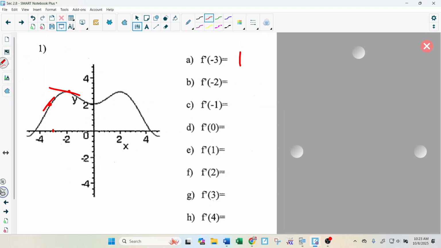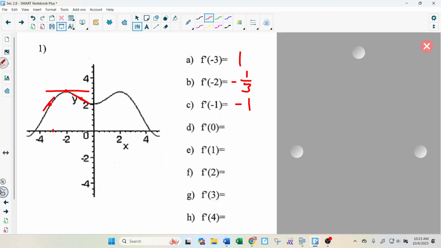Negative, but pretty small, maybe negative a third, negative a half, negative a fourth, somewhere in there. And you can kind of see if it was right at the peak, what would our slope be? 0. It'd be 0. Negative 1, about here. I'm going to say maybe negative 1.